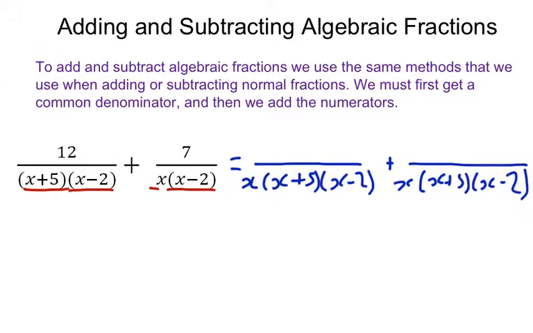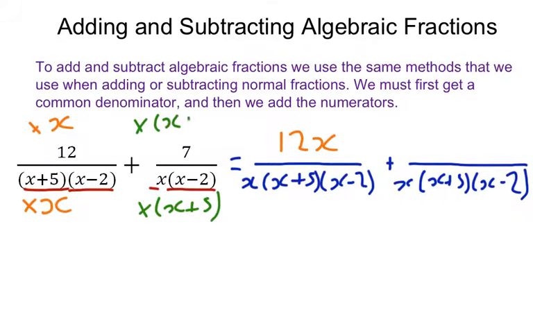Now for the first one, we have to multiply the bottom by x, so we have to multiply the top by x, which gives us 12x. For the second one, we have to multiply by x plus 5, so we have to multiply the top by x plus 5.